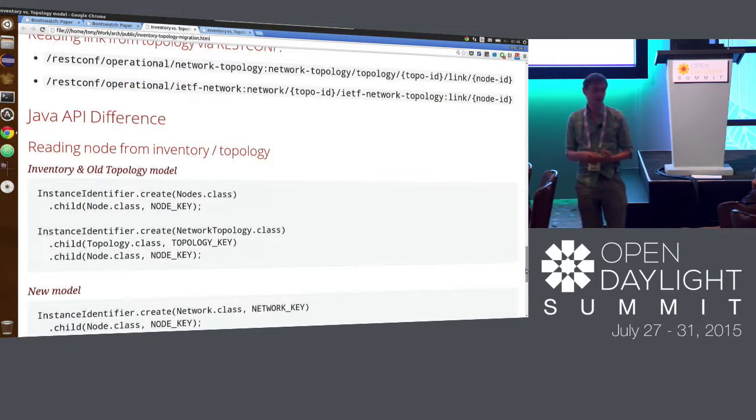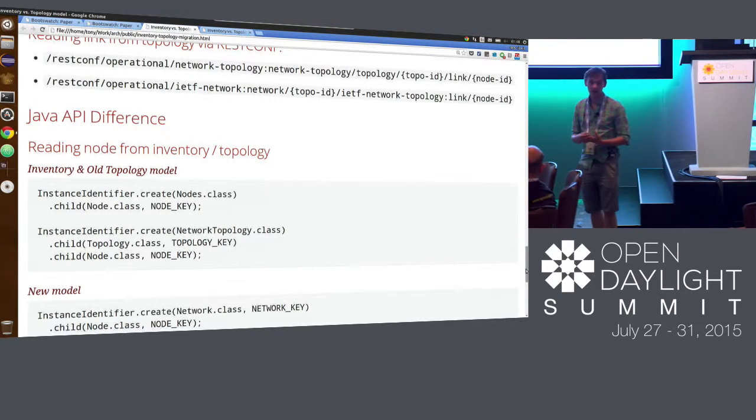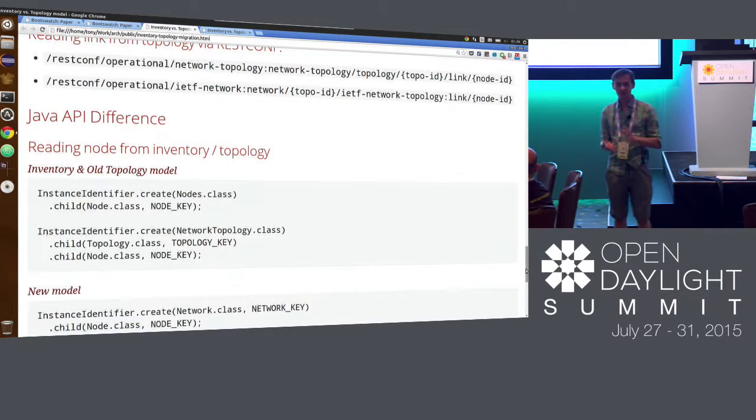So this migration strategy currently isn't even figured out for the Lithium, but the idea behind that is to provide a set of utilities. In this case, the migration is mostly for plugins, if they just move their models, move their augmentation to new places. It's really simple. We will just take data from the node and copy it to the particular topology, and provide it as a runtime service, in case the models are similar.